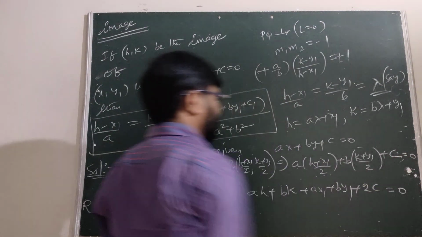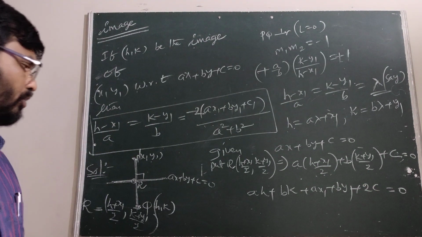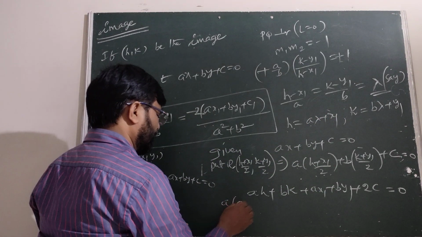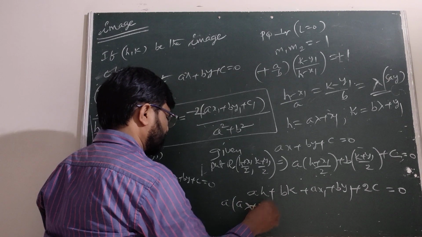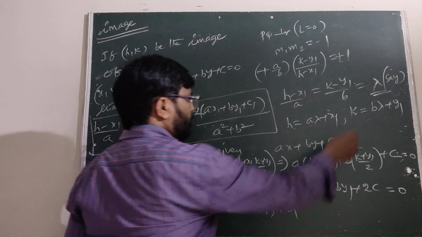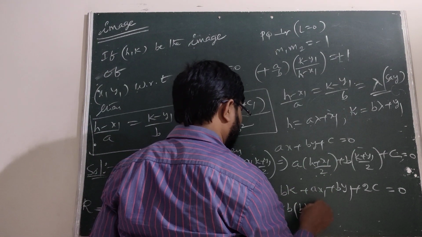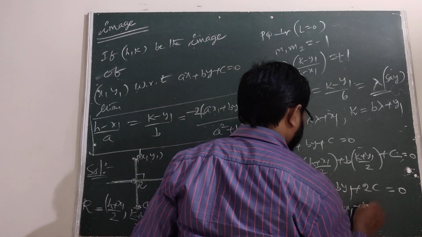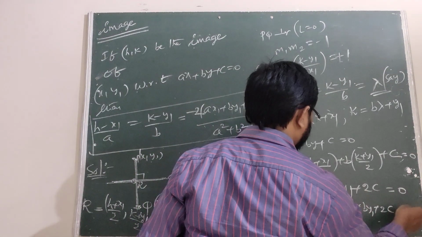The LCM goes to the other side, 0 into 2 is 0. What is h? h is a lambda plus x1, so a into (a lambda plus x1), and b into k, which is b lambda plus y1, plus ax1 plus by1 plus 2c.